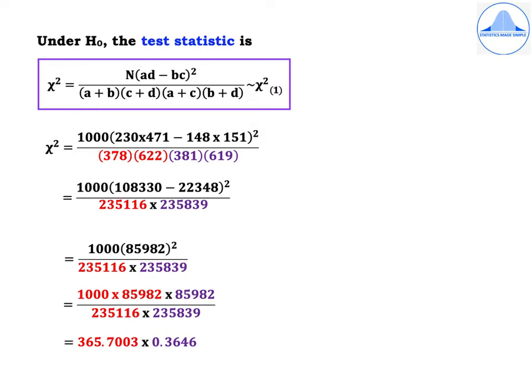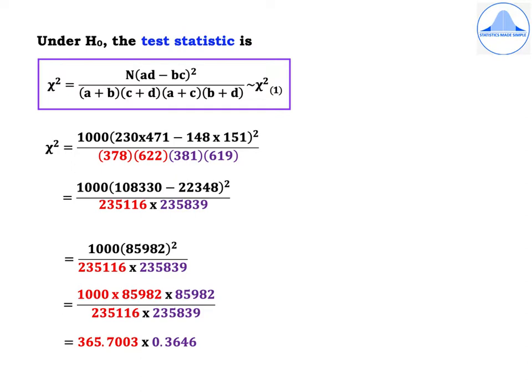Now 85,982 square I have split and written as 85,982 into 85,982, divided by the denominator, which is the same as the previous step.